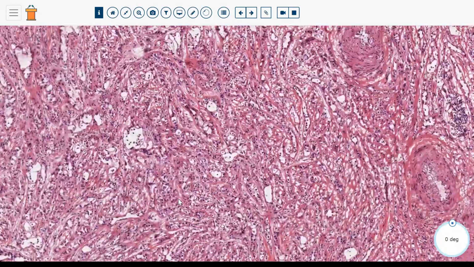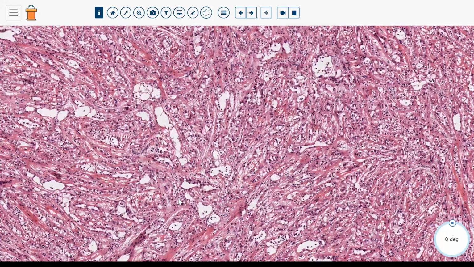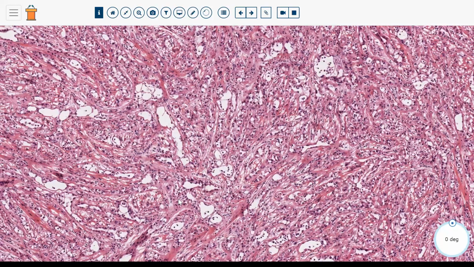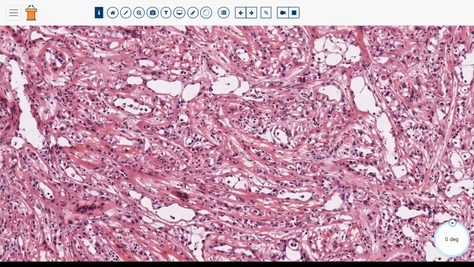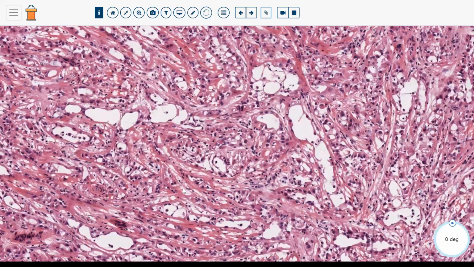And very recently, a study was just published in Modern Pathology, which showed that many of these have mutations in a gene called TRAF7. TRAF7 is frequently mutated in adenomatoid tumors, both of the male and female genital tract.